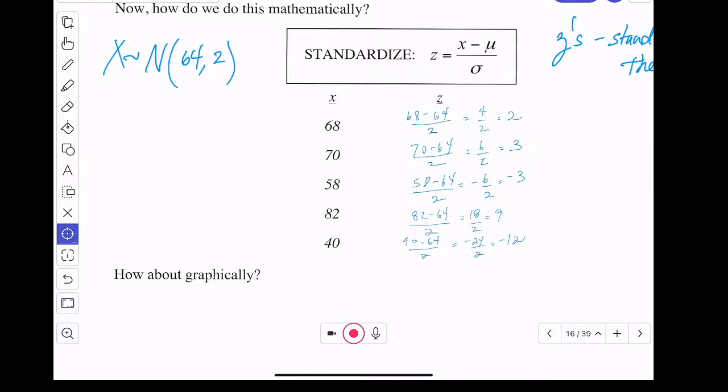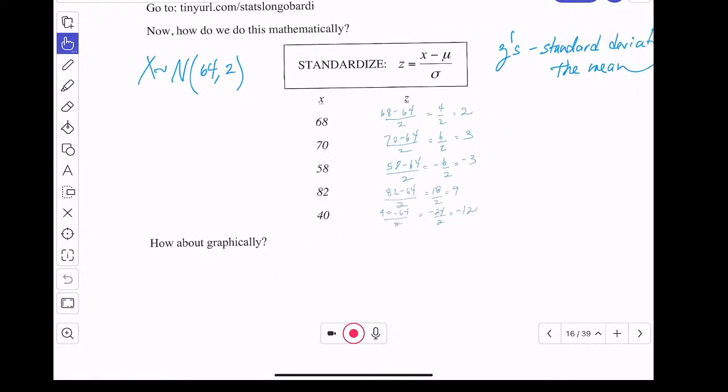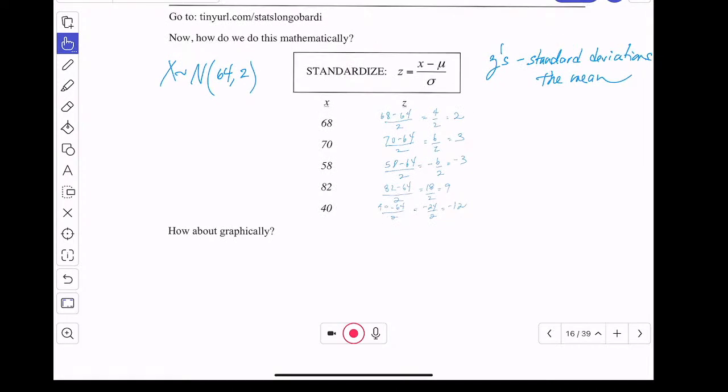I can find other ones. I can look at 65 now, or 74, numbers that we didn't have information on using the 68, 95, 99.7% rule.